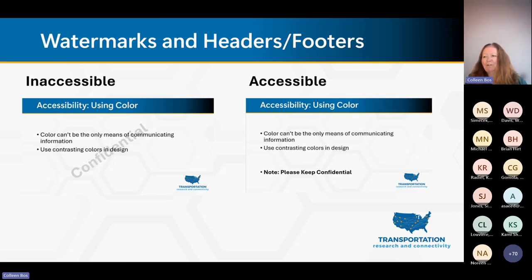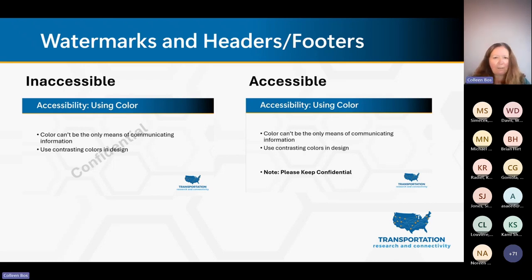However, if you're presenting materials that you feel are proprietary and confidential, and you have that information in a footer or a watermark, like the example on the left side of your screen, that's indicating confidentiality, you're going to want to move that information from the watermark into a statement of confidentiality on the text of the slide, especially if it critically needs it, so that it actually gets read aloud via a screen reader. So on the left, you can see we have it as a watermark that'll get skipped over, and on the right, the accessible version has that information on the slide itself.